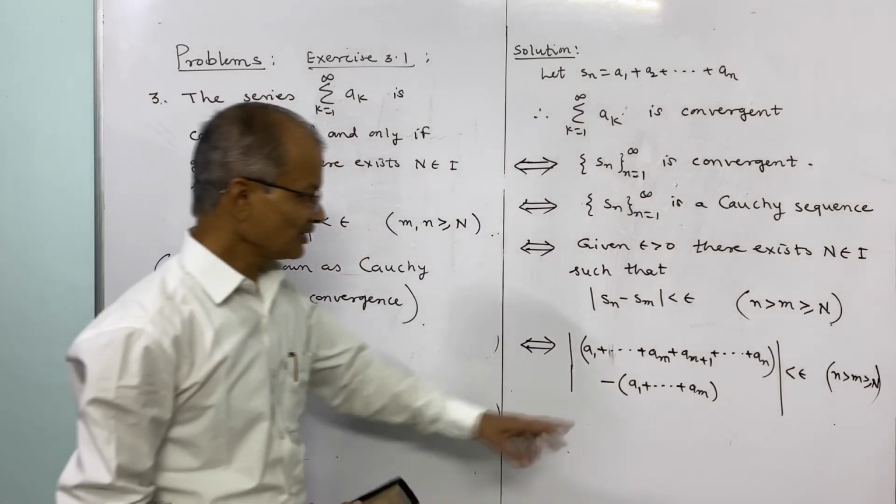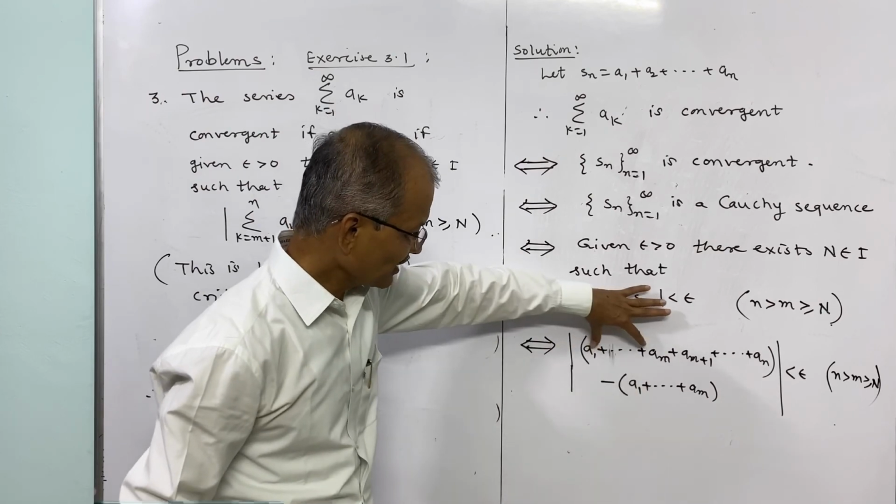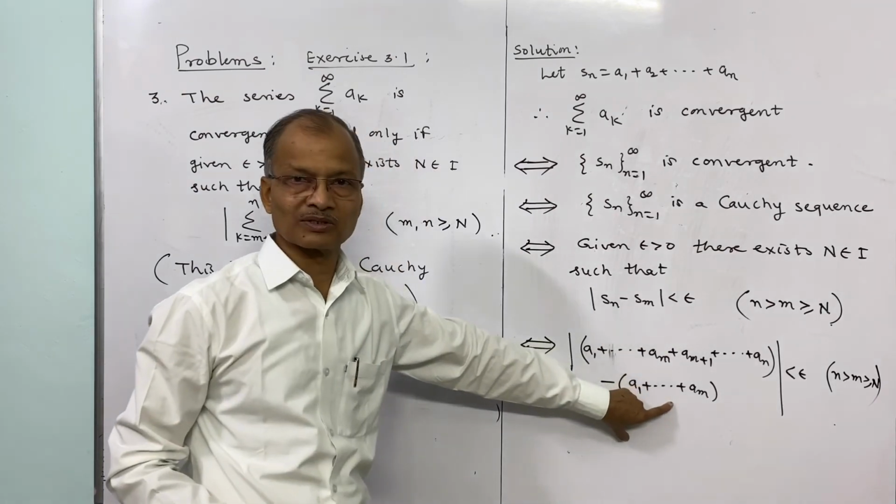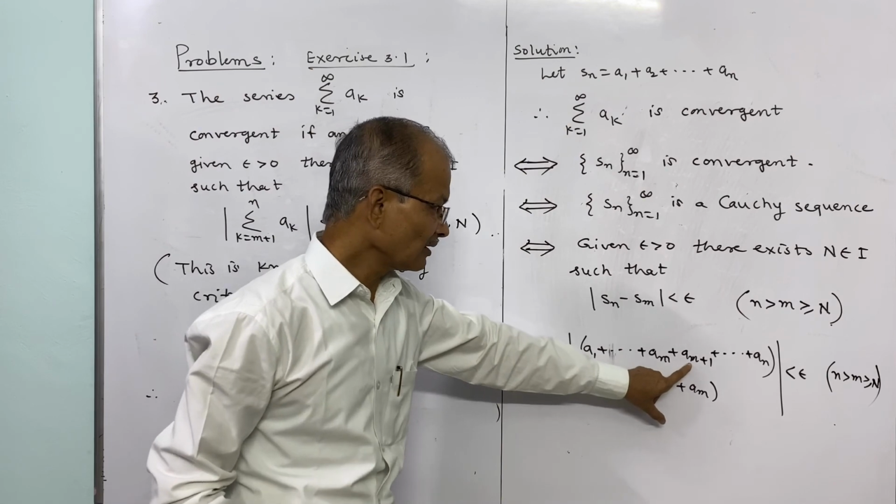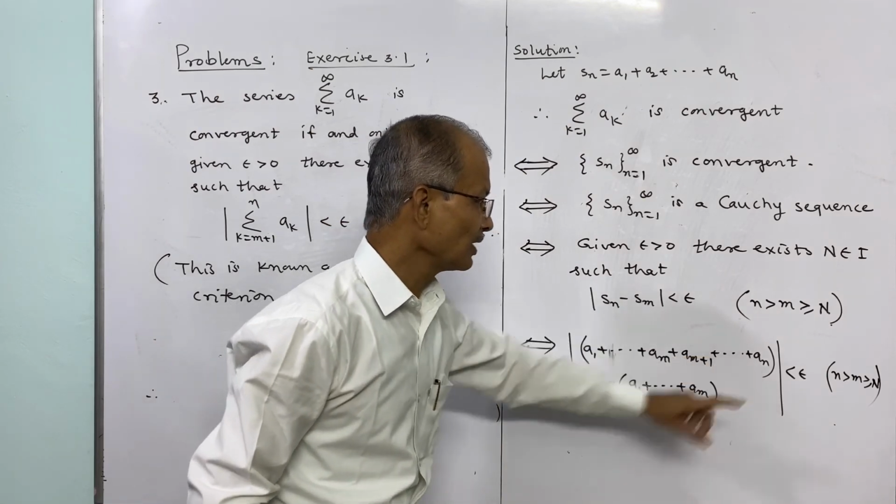Now observe this difference. The first m terms cancel with the first m terms, and what remains? The terms am plus 1 up to an remain.